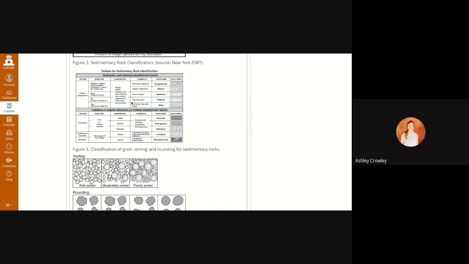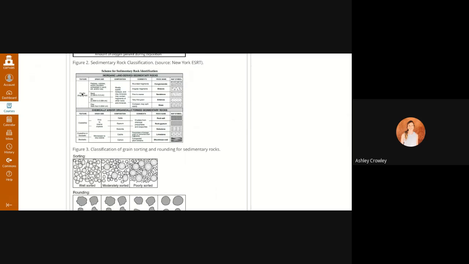So the next thing is this classification system, which is basically what you're working on today. Like I said, you're going to sort out 9 rocks, but here is a great little rock identification chart for you to look at as you are working.